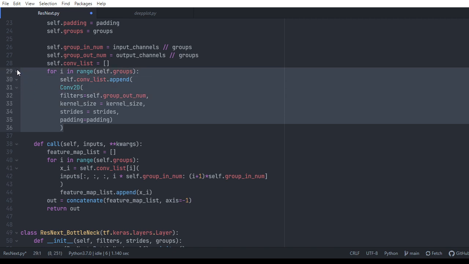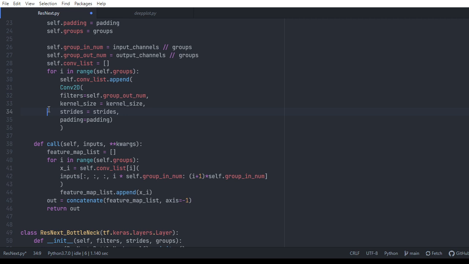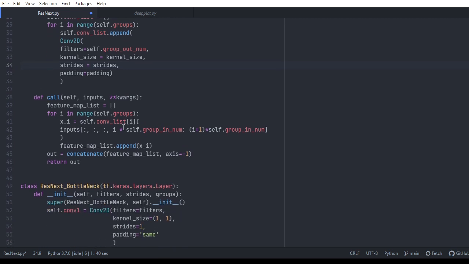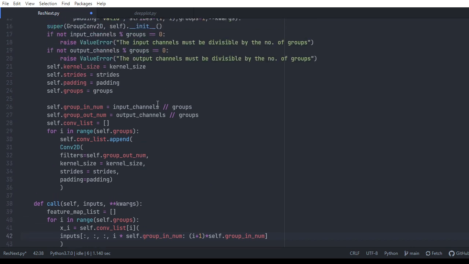So after building the depth-wise stacking of the convolution layers, we divide the inputs according to the cardinality dimension. Since we know that group in will be input channels, which is 128, divided by 32, this is 4.